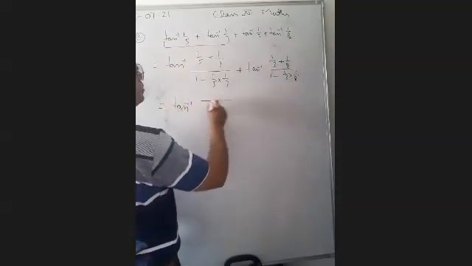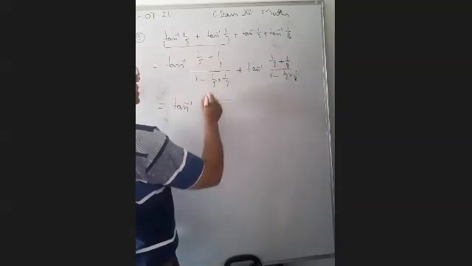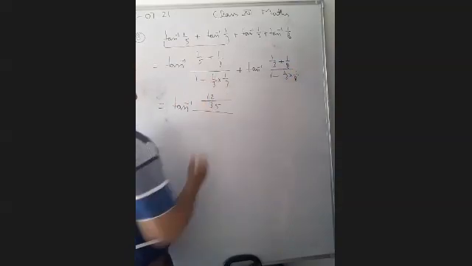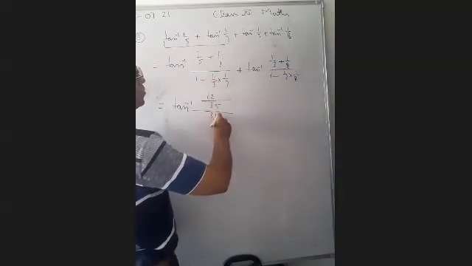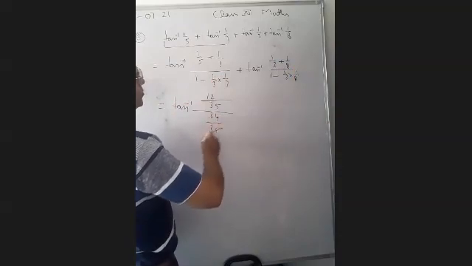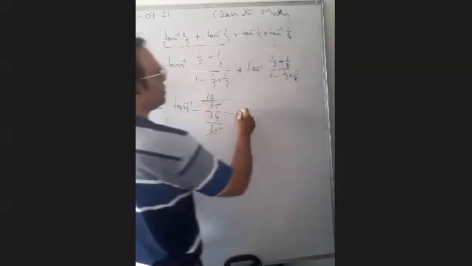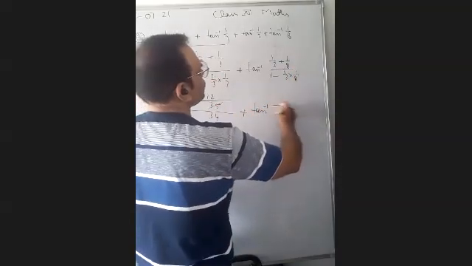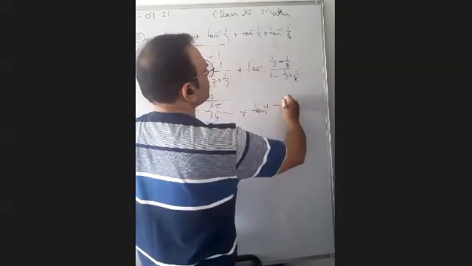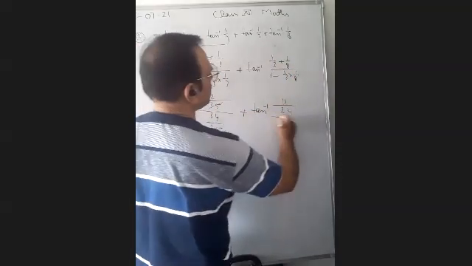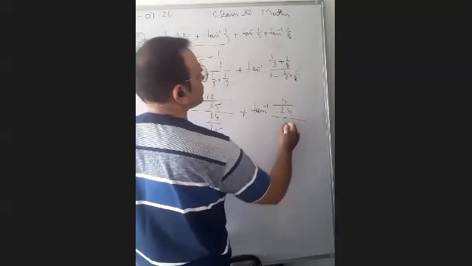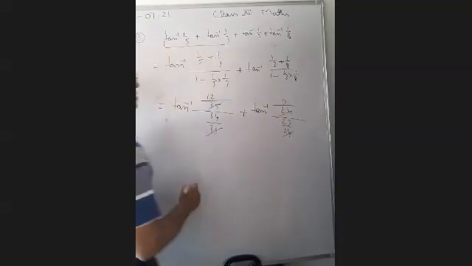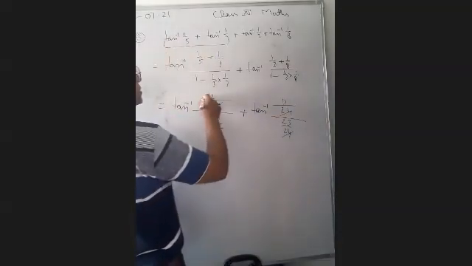It is equal to tan inverse, 35 will be the LCM. 7 and 5 is 12, 7 times 5 is 35, 35 minus 1 is 34. So 12/34, which is 6/17. We can cancel this 35, plus tan inverse, 24 will be the LCM. 8 and 3 is 11, 8 times 3 is 24, 24 minus 1 is 23, so 11/23. We can cancel this one also.